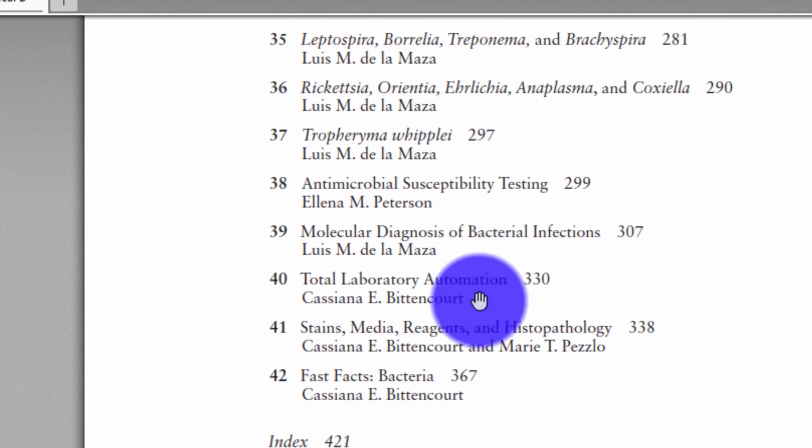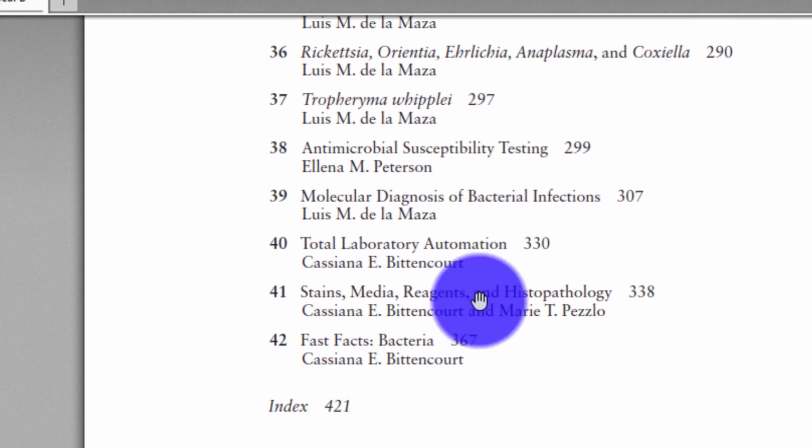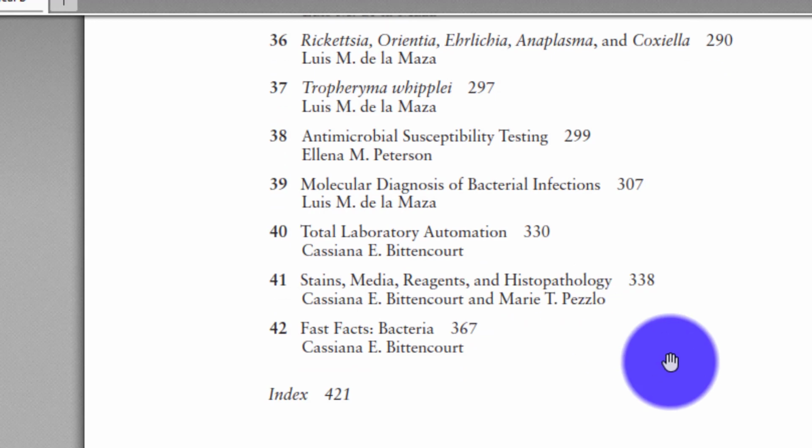Antimicrobial susceptibility systems, molecular diagnosis of bacterial infection, total laboratory automation.